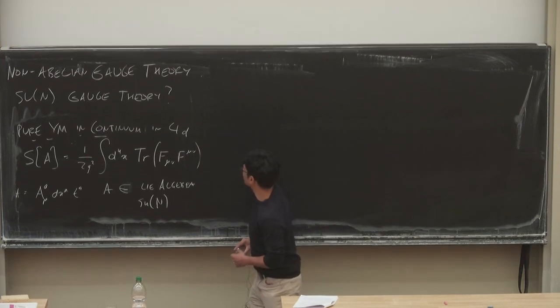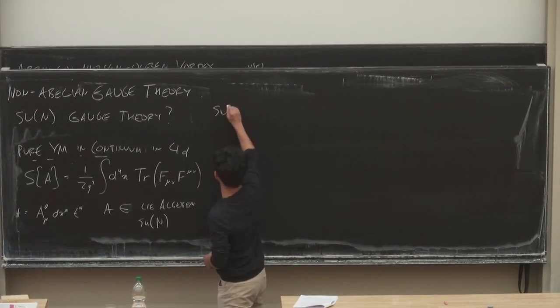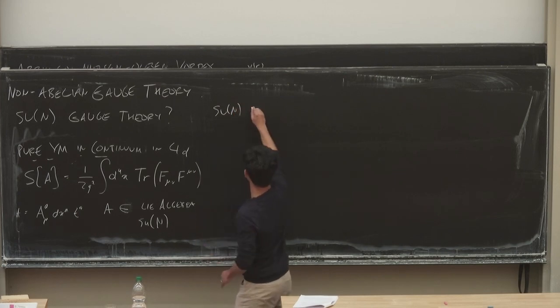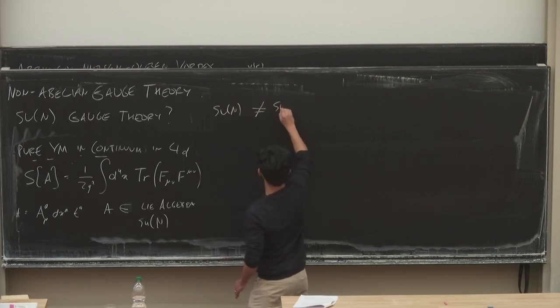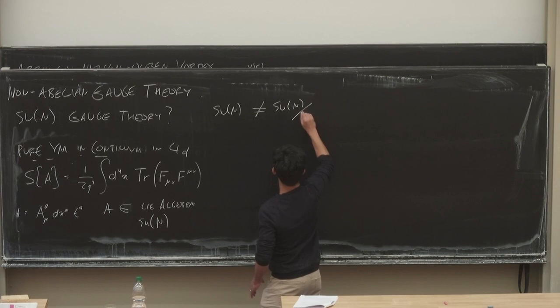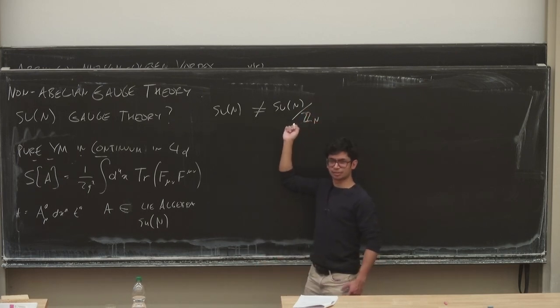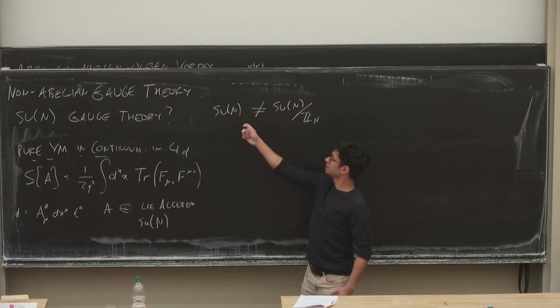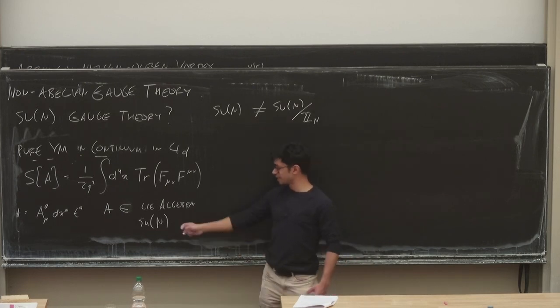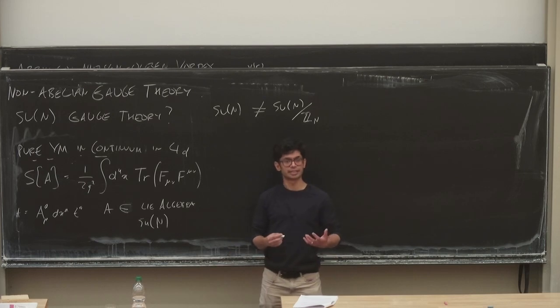So for example, I'm going to talk today about the gauge group SU(N). The gauge group SU(N) is not equal to, for example, the gauge group SU(N) mod Z_N, where this Z_N acts by an element of the center. I'll explain this in great detail soon. But these are 2 different gauge groups that look kind of similar. They have the same Lie algebra, but they are different gauge theories.